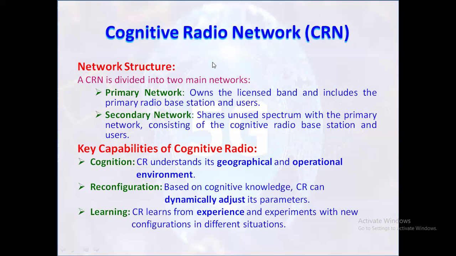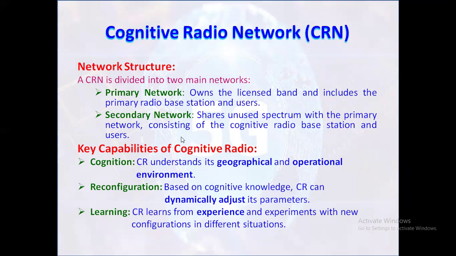We'll see the overview of CRN. The CRN consists of two distinct networks, a primary network and a secondary network. The primary network owns the licensed spectrum and includes the primary radio base station, which is responsible for controlling and managing the communication resources. It also comprises the primary users, who hold the right to use the spectrum.